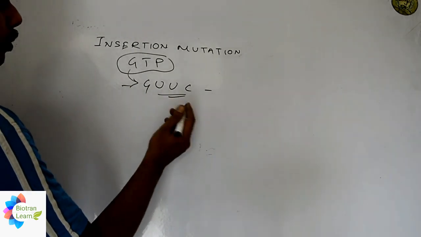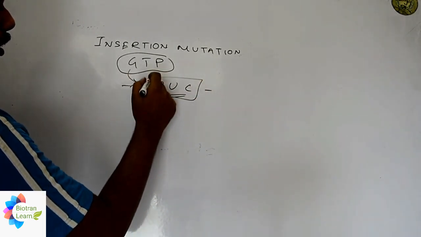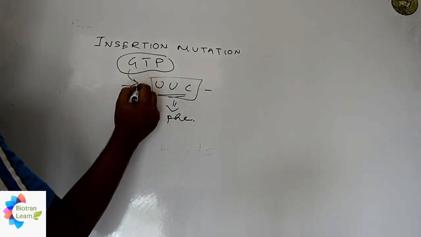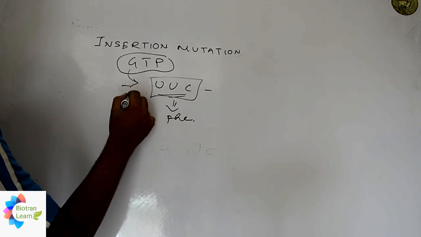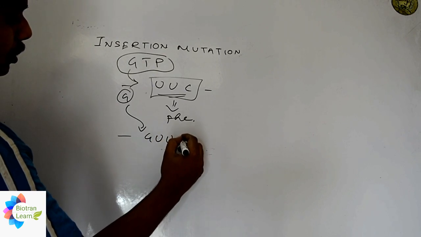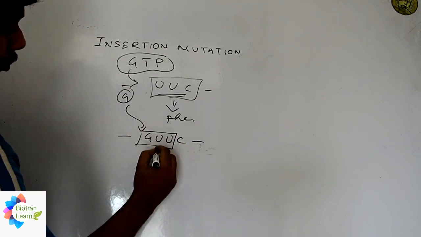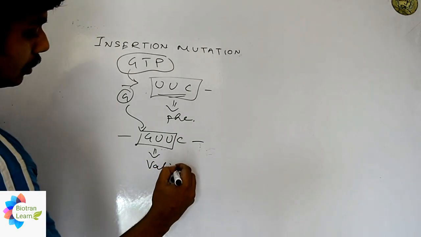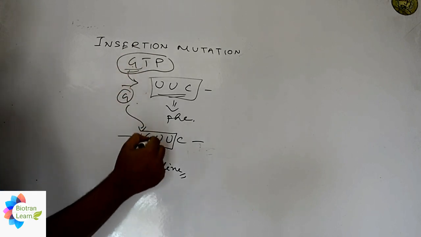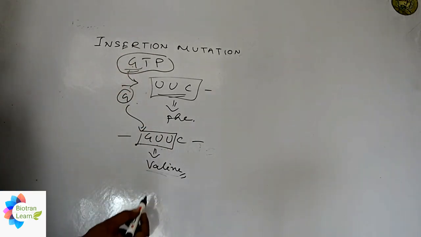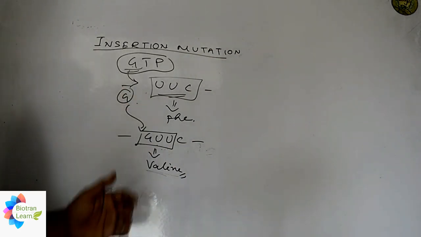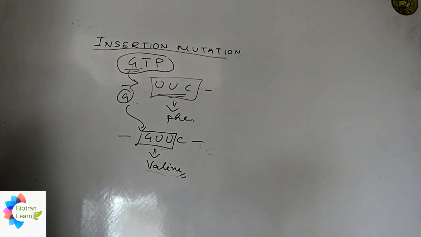So first, what was happening? UUC was coding for phenylalanine, but due to insertion of G, that particular G is inserted in this section, this frame will start to produce valine. So what happens? A particular GTP is inserted in this section. This will be known as the insertion mutation. It will result in a conformational change in the protein structure.